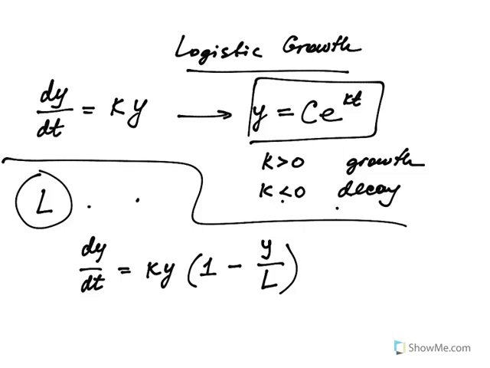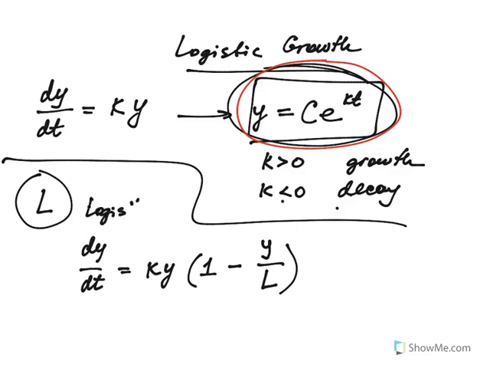The equation that is a solution for this particular differential equation, of course, it's not going to look like that. We're done with the exponential model. We're talking about a logistic function.